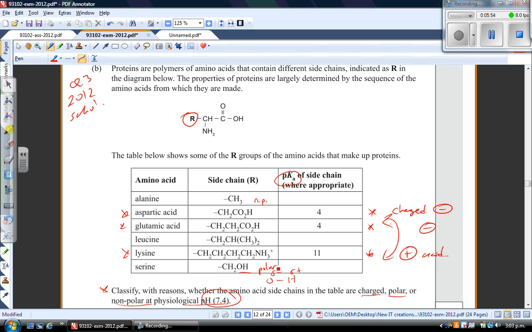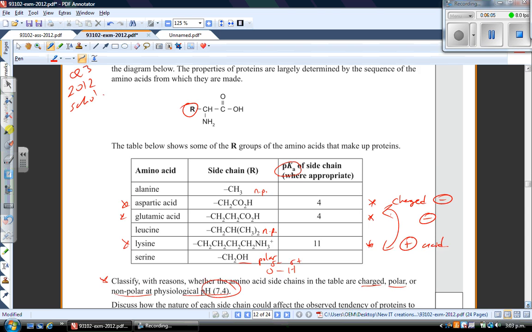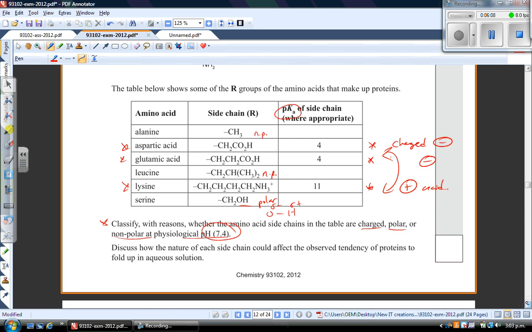And then we have nonpolar, polar, and also leucine is nonpolar. So that's accounted for the charge, polar and nonpolar state of each of these side chains at a pH of 7.4. And the last part of the question, discuss how the nature of each side chain could affect the observed tendency of proteins to fold up in aqueous solution.